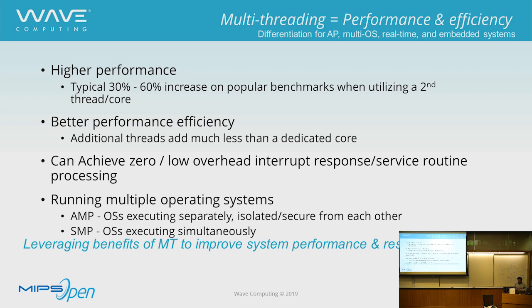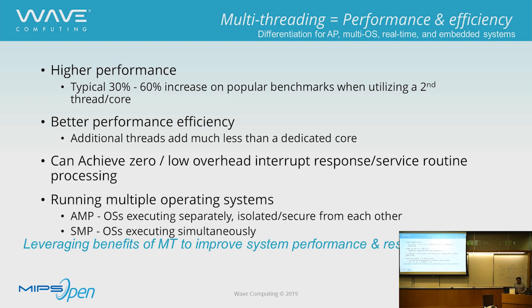Or you can say, I have 4 distinct different applications, as I mentioned, and I can run AMP, asymmetric multiprocessing. And I see 4 CPUs for 4 distinct, separated streams of instructions. So it could be completely different. One could be an RTOS, one could be Linux, one could be control, and one could be interrupts, for that matter.